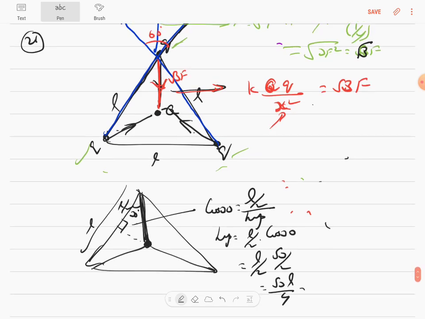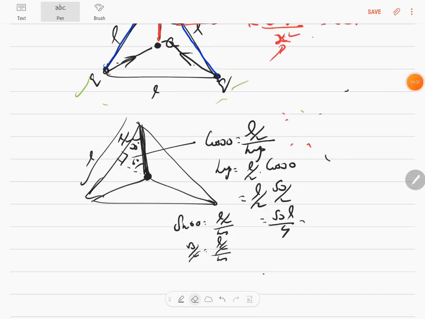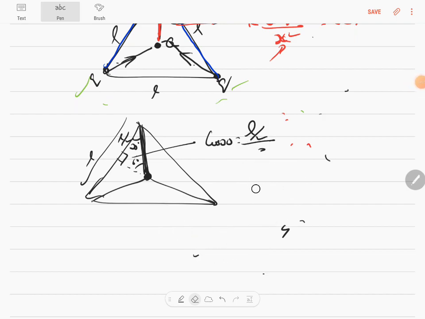Am I doing it correctly? Let me verify that once again. One second, hold on. I made a small mistake here. Cos 30 is equal to L by 2 by hypotenuse, so the hypotenuse is equal to L by 2 by cos 30.